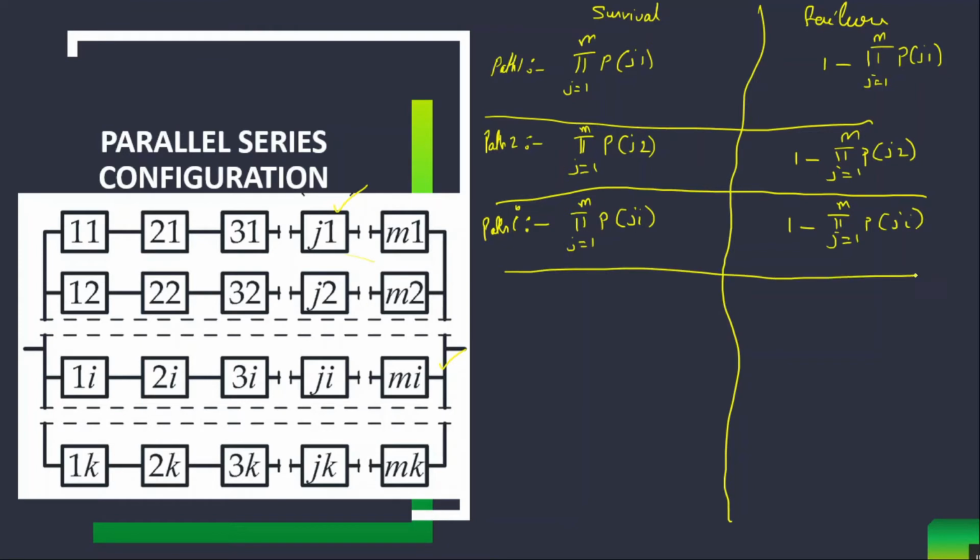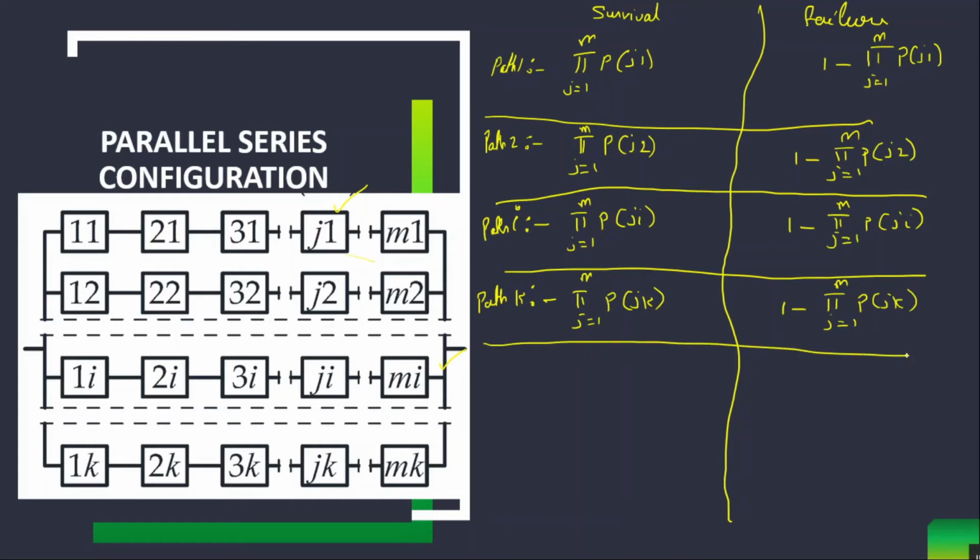Now if you are considering the last path, k is the last path. So for path k, the probability of survival is the product of j equal to 1 to m of p of jk. What about the probability of failure? It is 1 minus the product of j equal to 1 to m of p of jk.